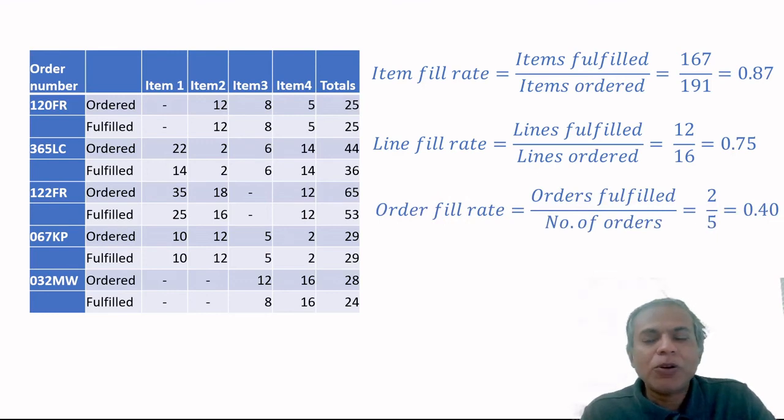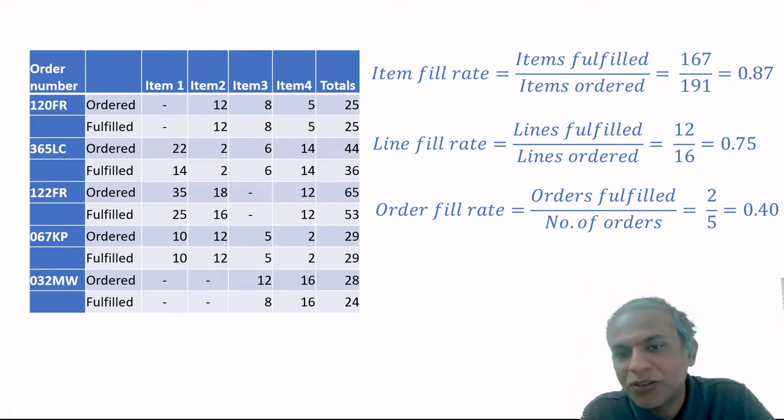Another way to look at this is order fill rate. We have five orders, out of which 2 orders, I think they are order number 1, which is 120 FR, and order number 40067 KP, are the orders which are fully satisfied. All other orders are not fully satisfied.